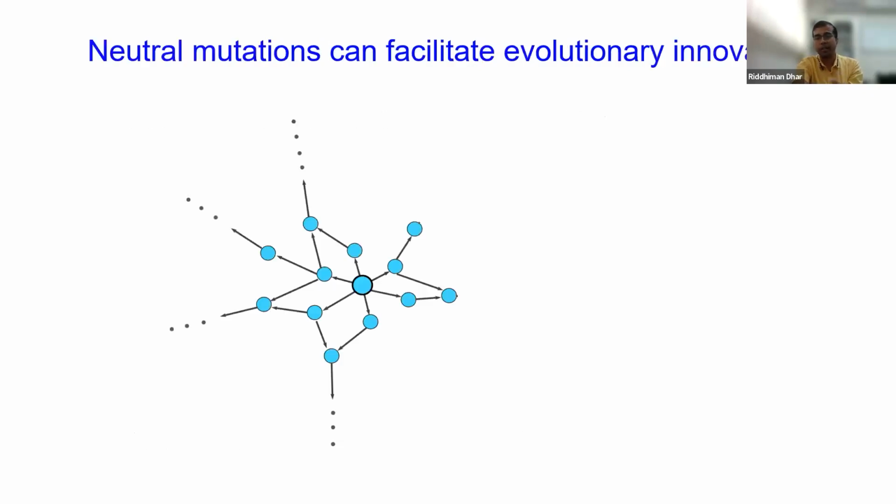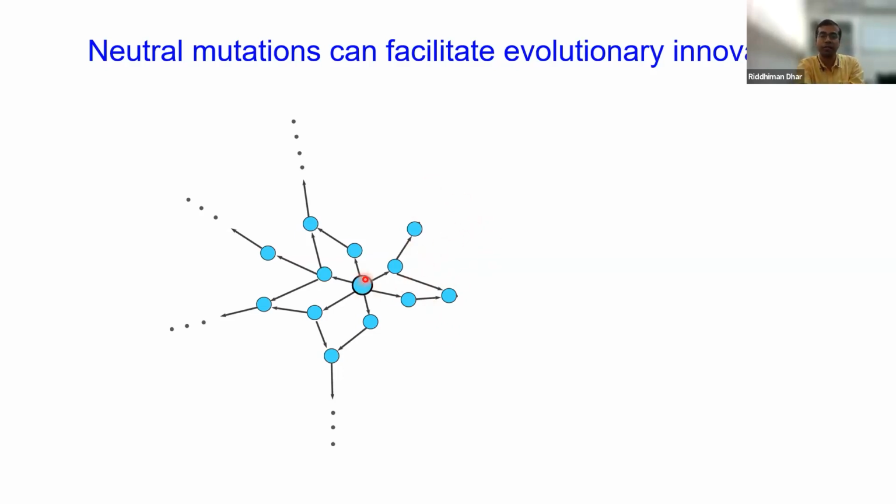I'll illustrate this with this genotype network, where each node in this graph is a genotype, and the nodes that are connected to a genotype can be reached by a single mutation. Now, it has been proposed that neutral mutations can facilitate evolutionary innovation. You can think about this in simple genotype network terms.